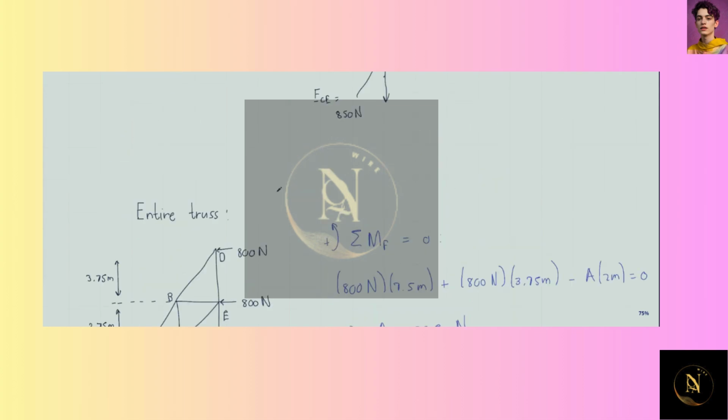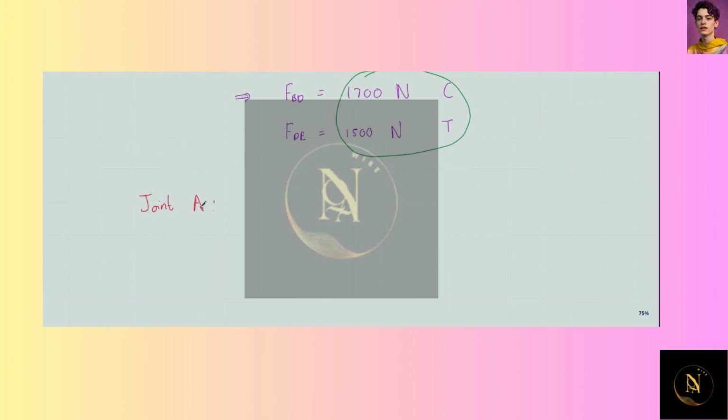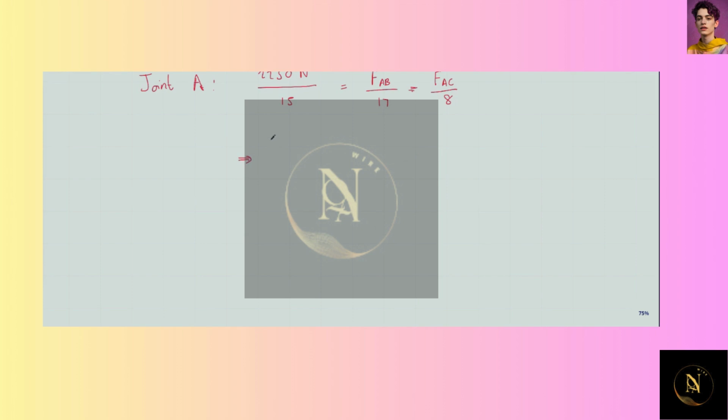From this free body diagram, by geometry, 2,250 newtons divided by 15 is equal to F_AB over 17, and this is equal to F_AC over 8, which again means we can immediately find F_AB and F_AC. F_AB is 2,550 newtons, and F_AC is 1,200 newtons.